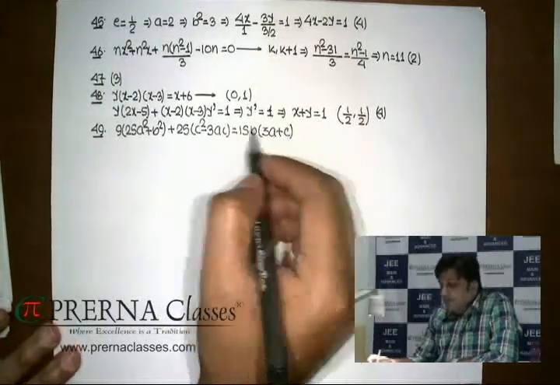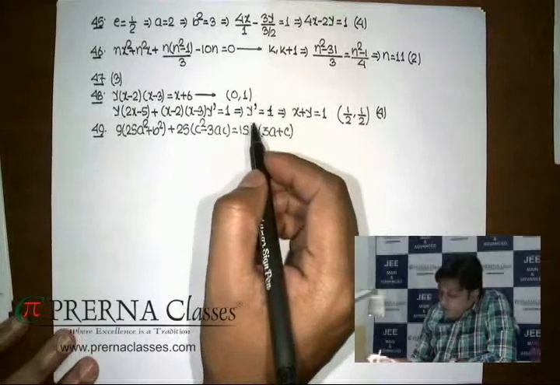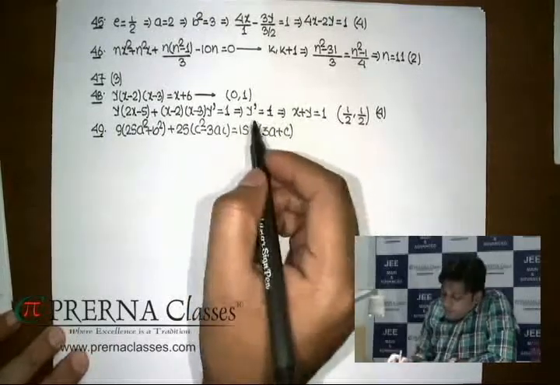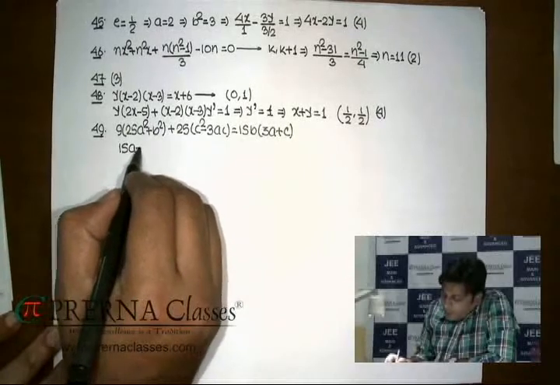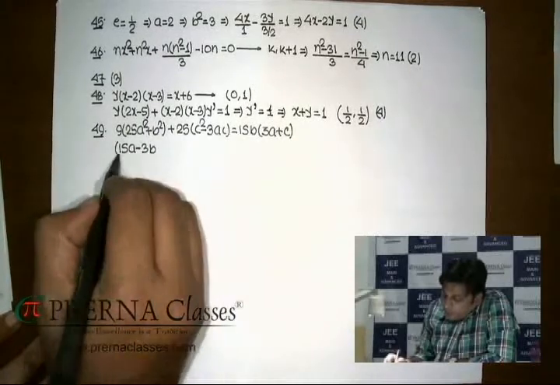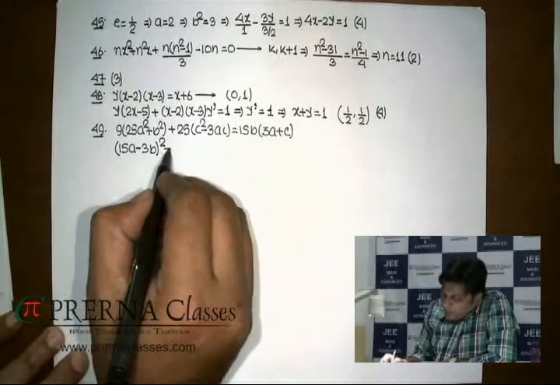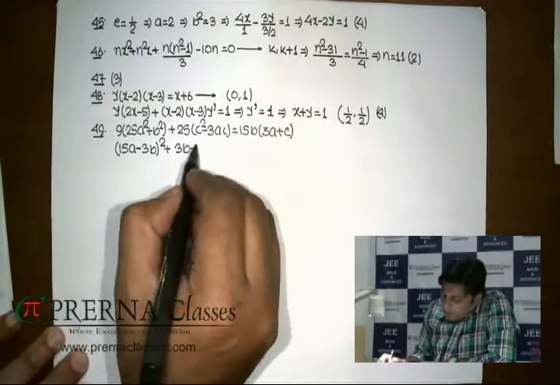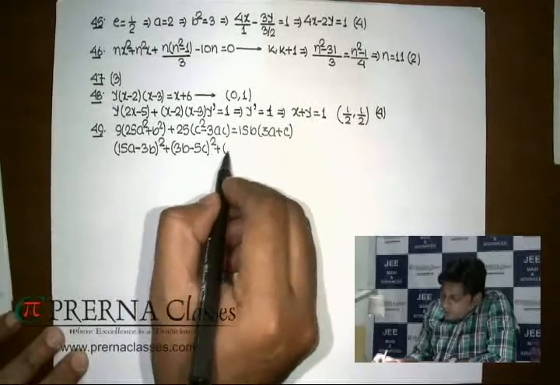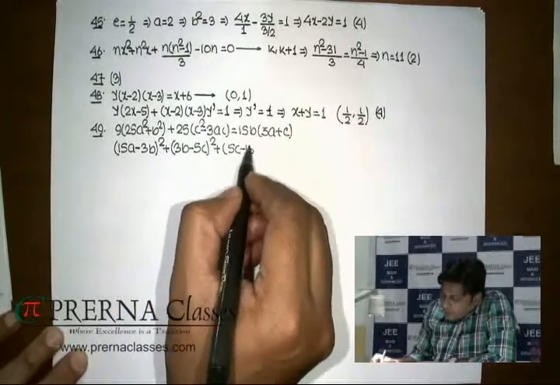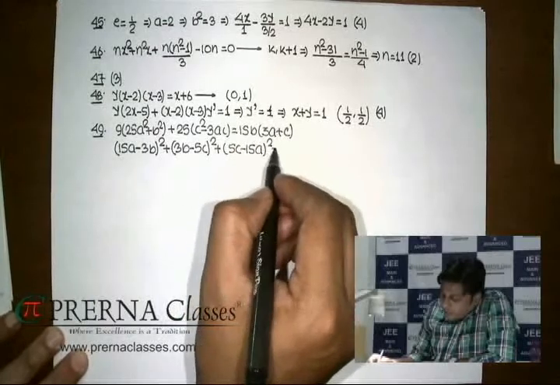Note that multiplying both sides by 2 and collecting the terms properly, we will be able to convert this entire equation into a form which is 15a minus 3b whole square plus 3b minus 5c whole square plus 5c minus 15a whole square equals 0.